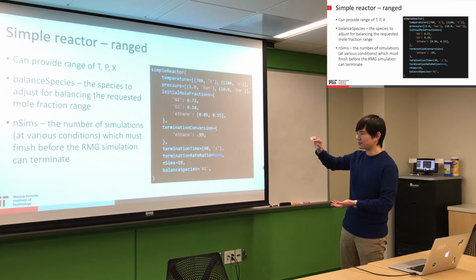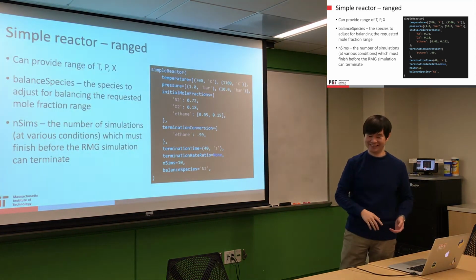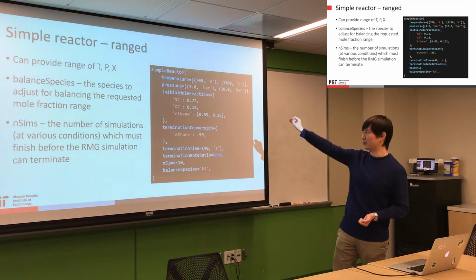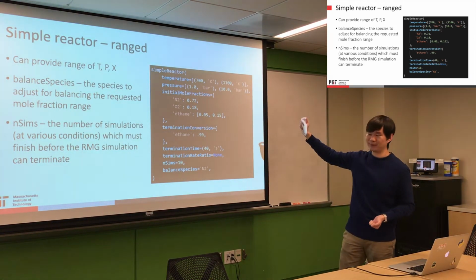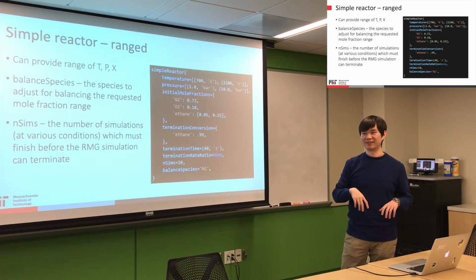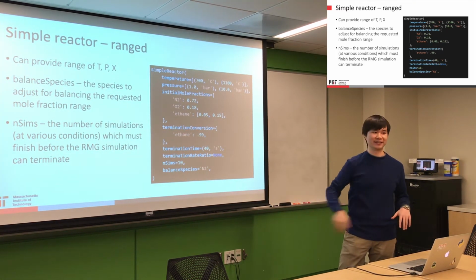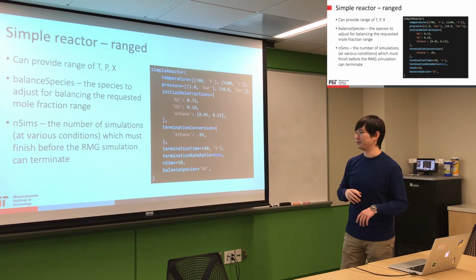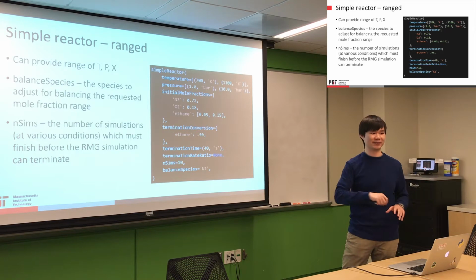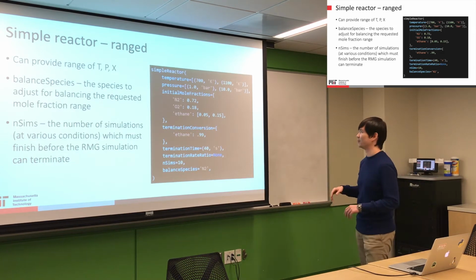Then RMG will use a pretty fancy algorithm to randomly pick points within this range to simulate at, with some optimization involved to explore the full range in an optimal way.